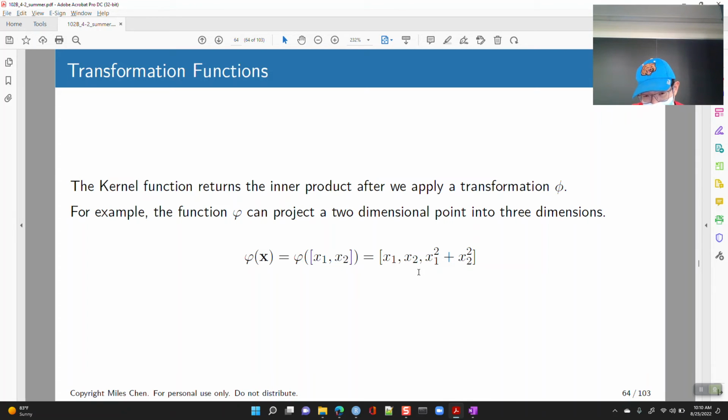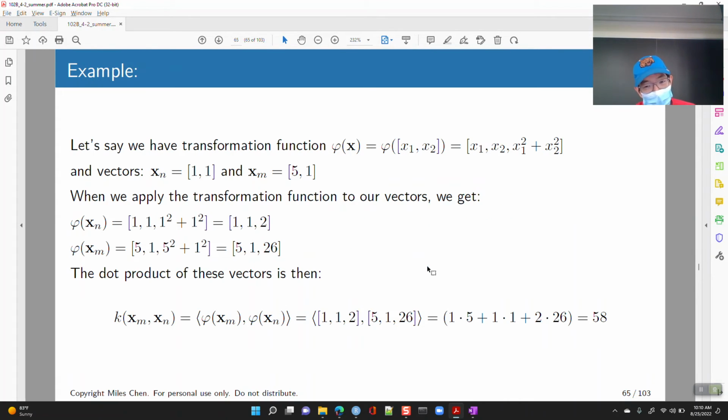Okay, so we're applying a transformation function, and when I do that, now my data exists in a higher dimensional space, and we take the dot product there. Let's say I have 2 points, 1, 1, and 5, 1. Instead of just taking the dot product between 1, 1, and 5, 1, which would give me 6, right? 1 times 5 plus 1 times 1.